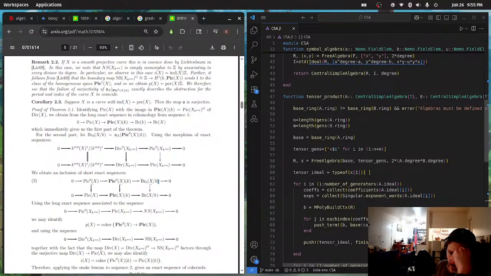So the equations defining the Severi-Brauer variety I think are computable from, what are they computable from? Okay, honestly, even if we could just make a variety, that would be kind of a first step.